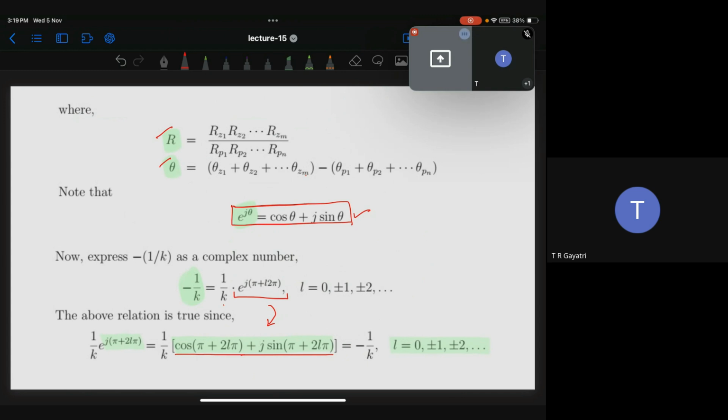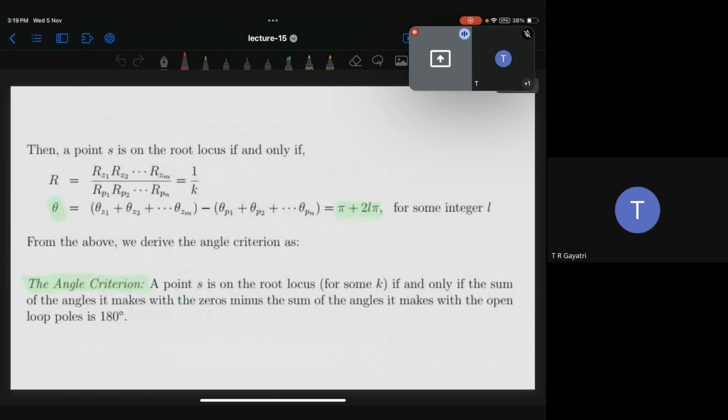That gives simply minus 1 by k. It means this minus 1 by k you can replace with this term, for different values of l. Now you can see we have these two relations. So this theta we got as pi plus 2l pi.